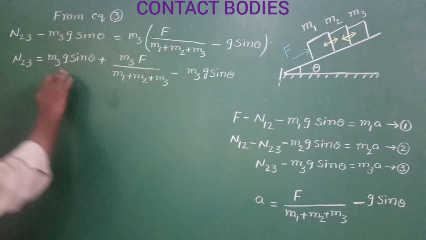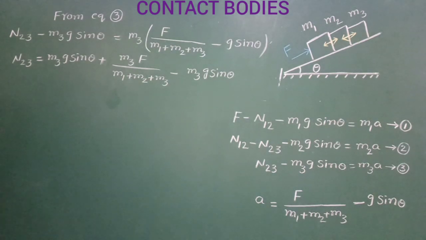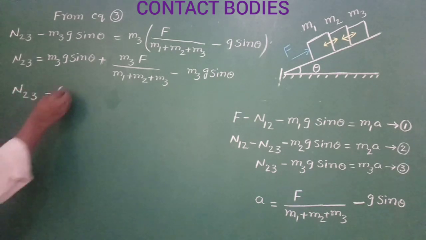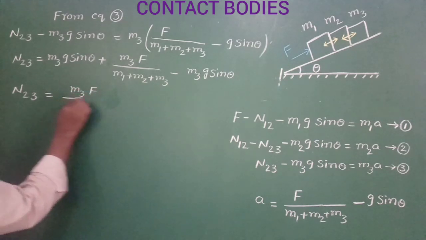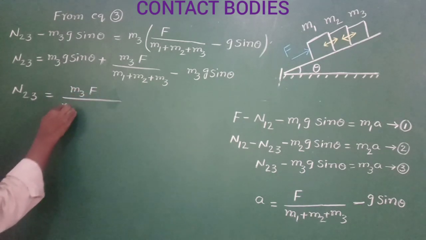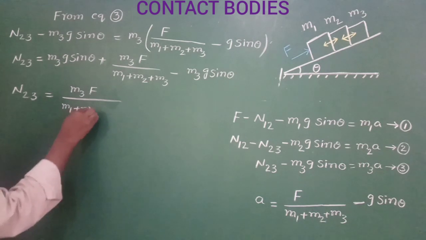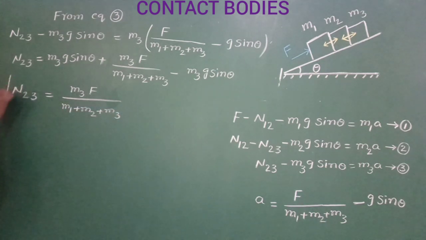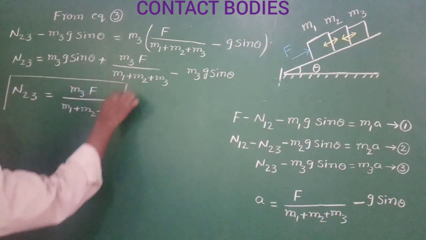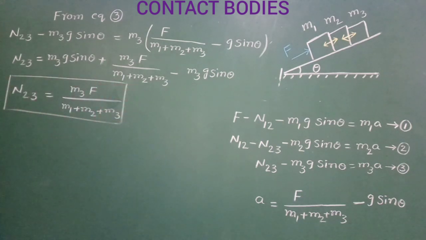In this, minus m3 g sin theta plus m3 g sin theta get cancelled. Finally, we get the normal reaction between block 2 and 3 is equal to m3 into F by m1 plus m2 plus m3. This is the normal reaction between block 2 and 3.